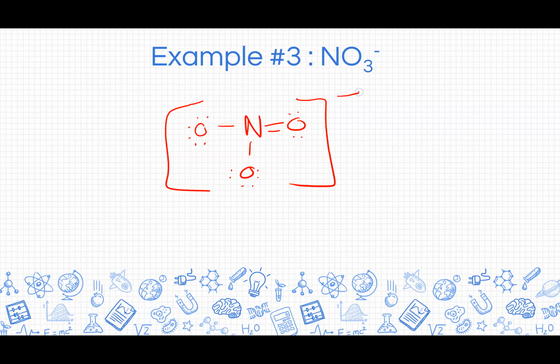I just need to do my total, 1, 2, 3, remembering that a double bond just counts as 1 bonding site. So I'm not counting that double bond as 2. That means my steric number on this is 3, which is going to be sp2.